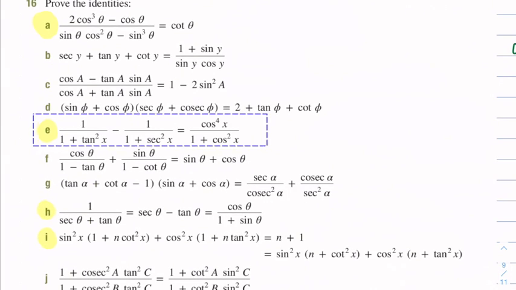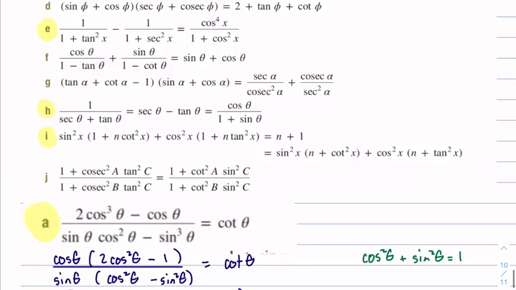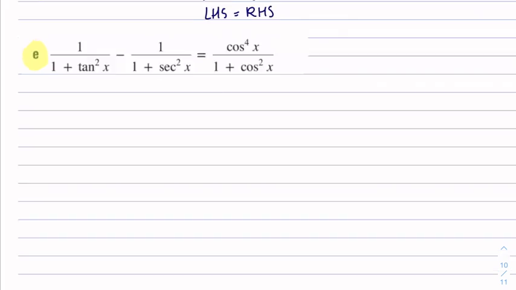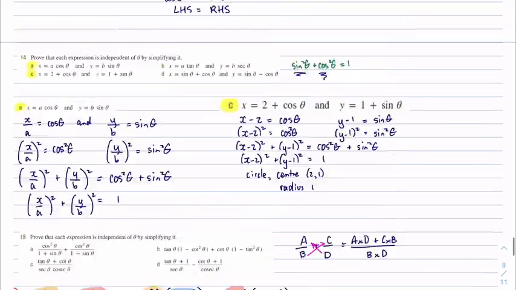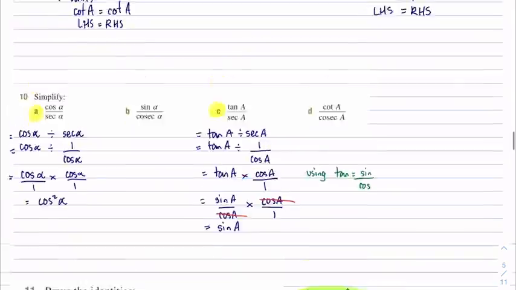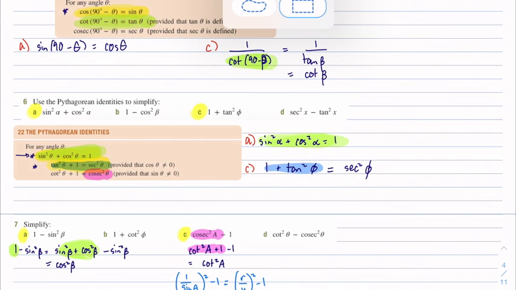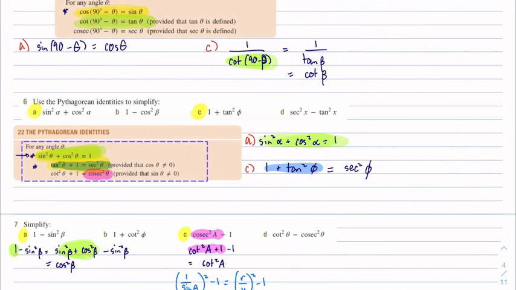Looks just as nasty. Oh my gosh. What are they even doing with this? Okay. I think I'm going to have to finally go back to my bag of tricks and pull out these ones.